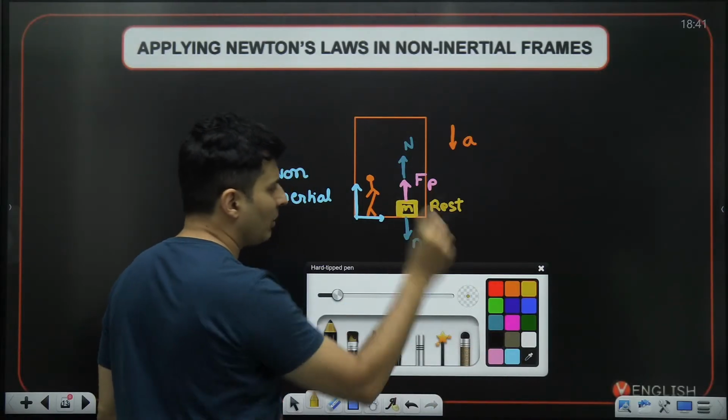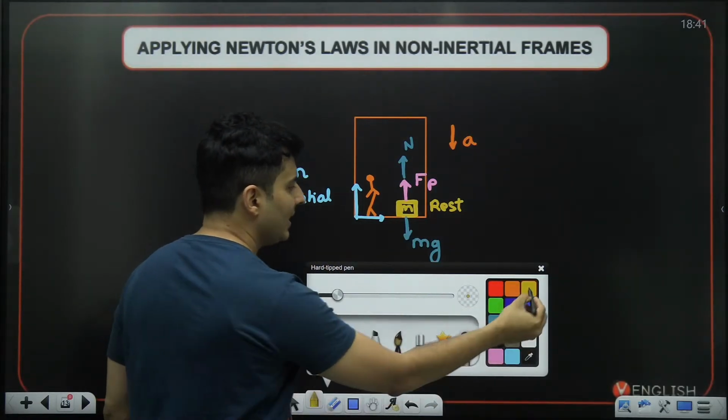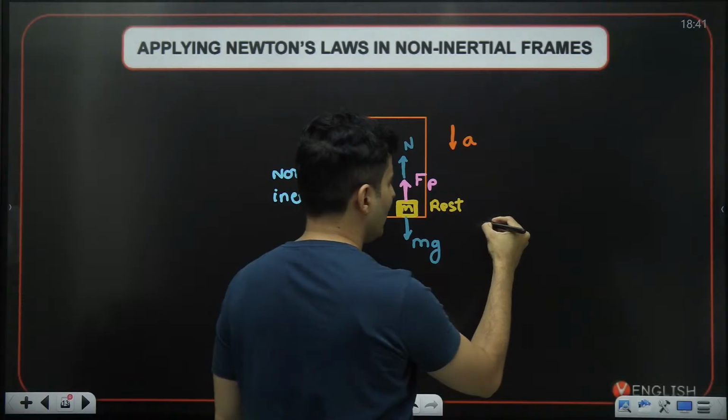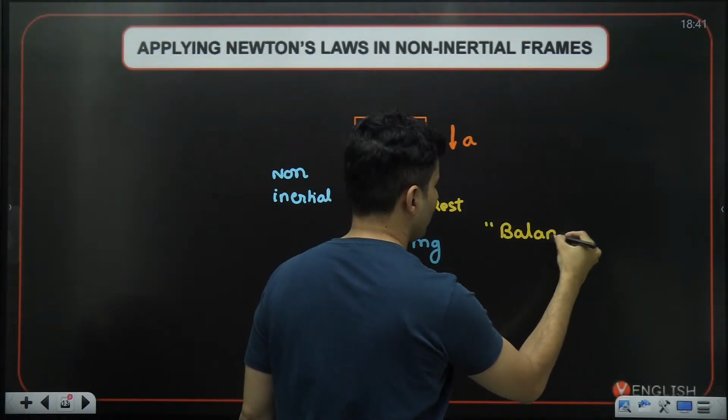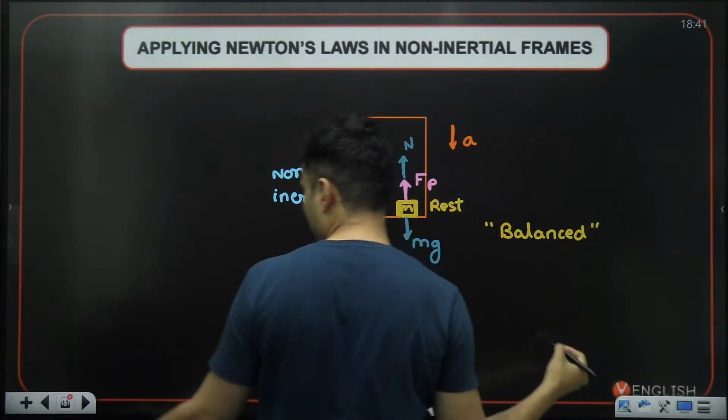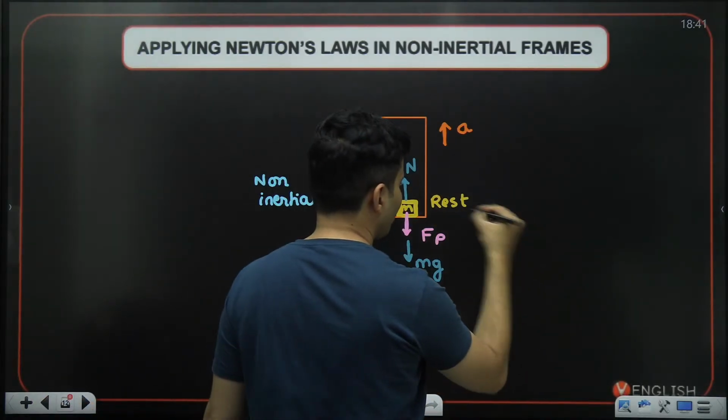Now you just solve the problem normally like you would do. Since it is at rest, all the forces must be balanced, because you are at rest in that frame.